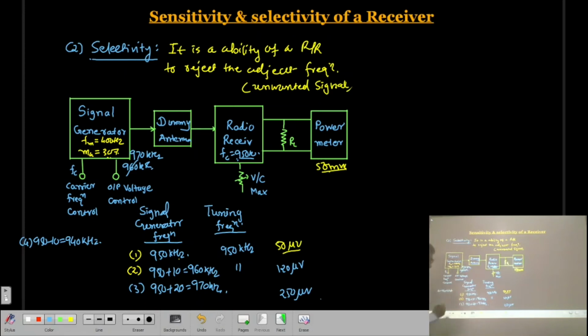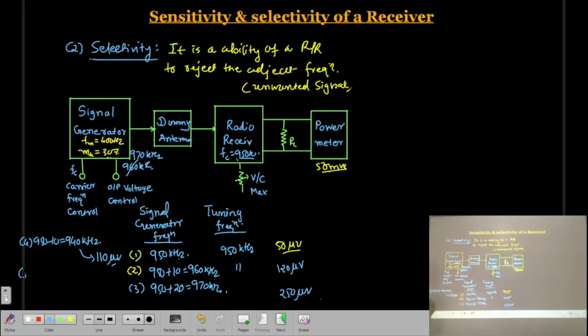Then in that case, it is not necessary that the same signal is required to produce a 50 milliwatt output. When my signal generator frequency is detuned to 940 kilohertz, let us say we have 110 microvolt required to produce the 50 milliwatt.